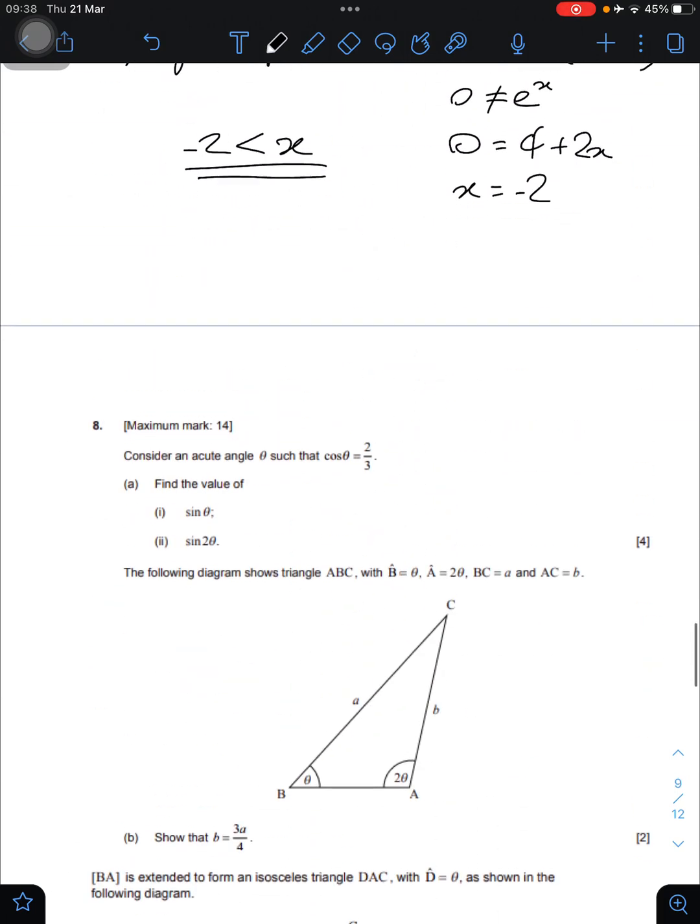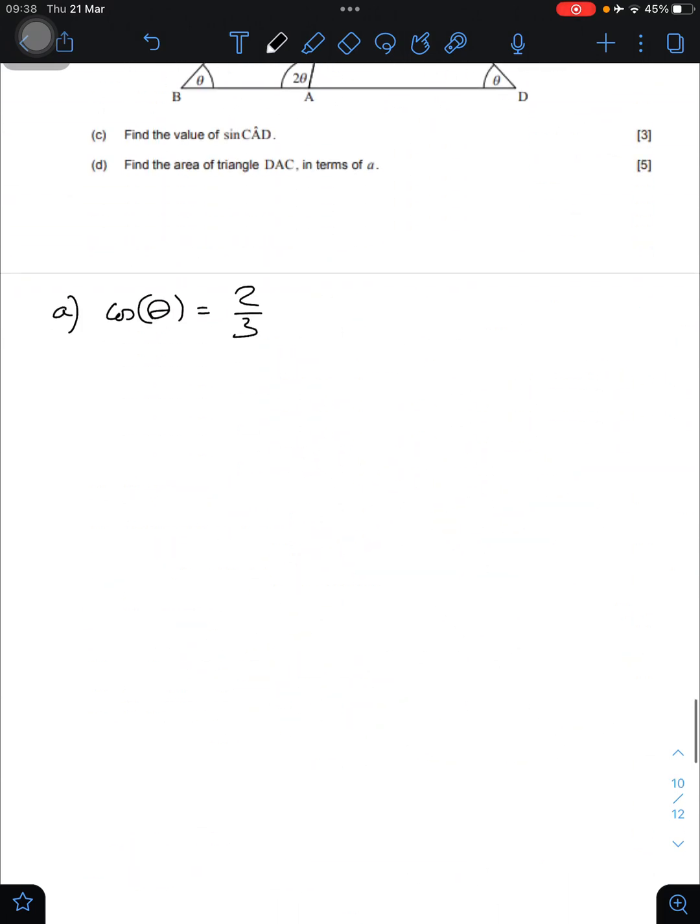So in part A, we're given that cos of theta equals 2 over 3. There's a couple of ways to find sine theta here. One way to find sine theta, and I saw some people try this, is that we know that sine squared theta would be 1 minus cos squared theta, or let's do that step by step.